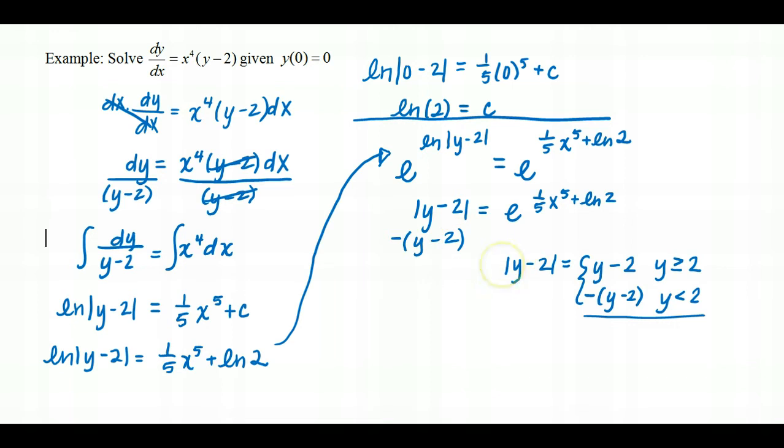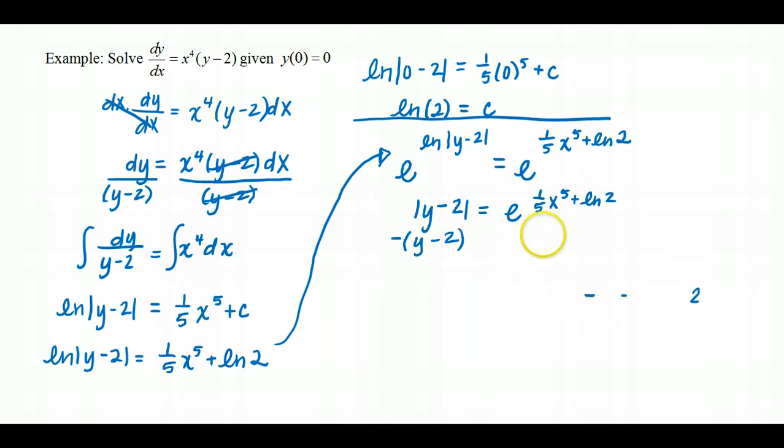So now we can just continue to erase this. We're done with that. And negative the quantity y minus 2 has to equal e to the 1 over 5 x to the 5th plus natural log of 2. So now it's a matter of multiplying by the negative.